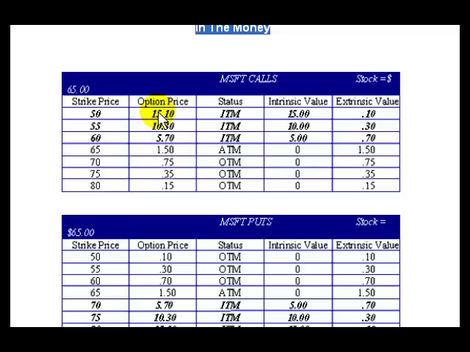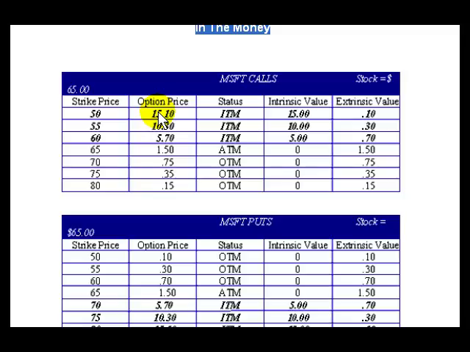The reason is that at any time prior to the expiration date you could exercise the option and profit from the difference in value. In this case, $5: $65, which is the stock price, minus $60, the call option strike price, which equals $5 of intrinsic value. In other words, the option is $5 in the money.